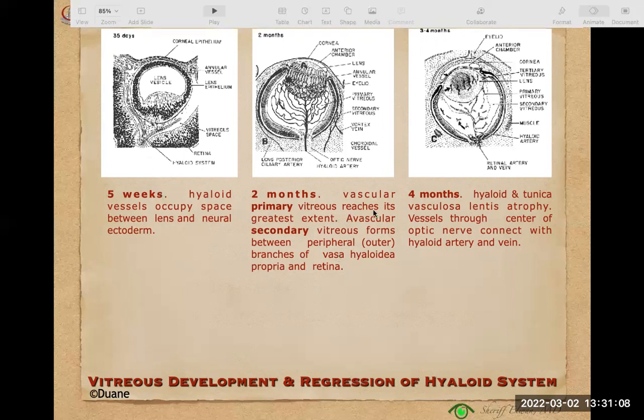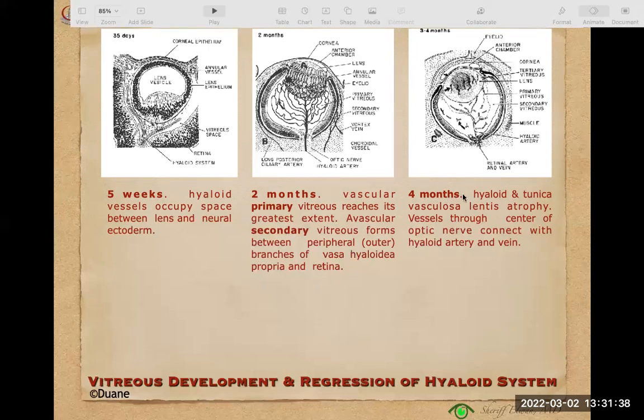This vascular primary vitreous reaches its greatest extent and development at 2 months, and then the avascular vitreous comes from the periphery of the hyaloid system of vessels, and it is of obscure origin, not scientifically known so far whether it comes from the mesoderm or from the neuroectoderm. This is the secondary vitreous.